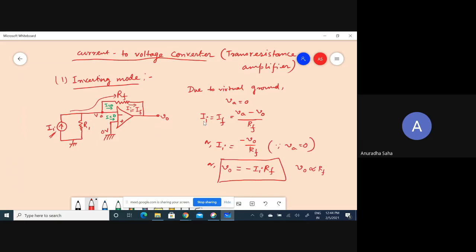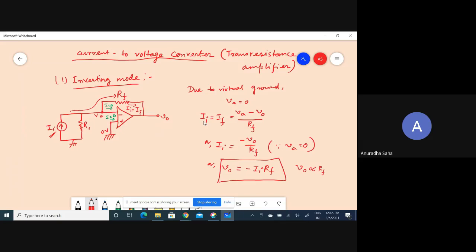proportional to the feedback resistance. So on the contrary to the V to I converter, here the output voltage, or output signal, is very much dependent on the feedback resistance, right?